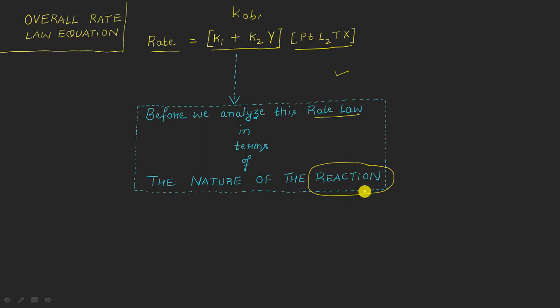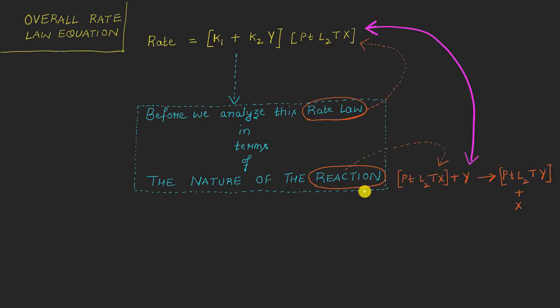In order to analyze this rate law for this particular reaction, it is very important to first understand what type of nucleophilic reaction this is. And in inorganic chemistry, we can have different kinds of nucleophilic substitution pathways.